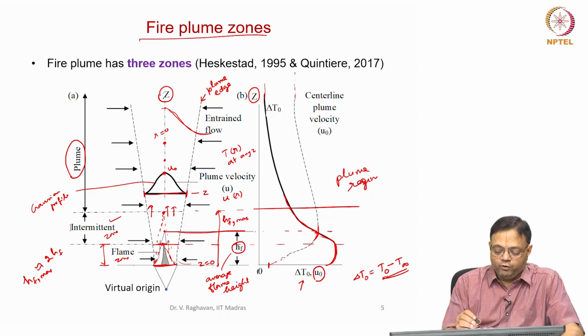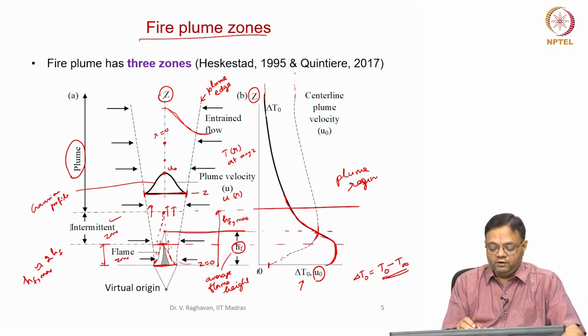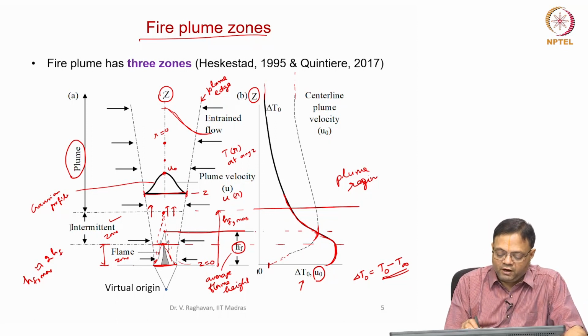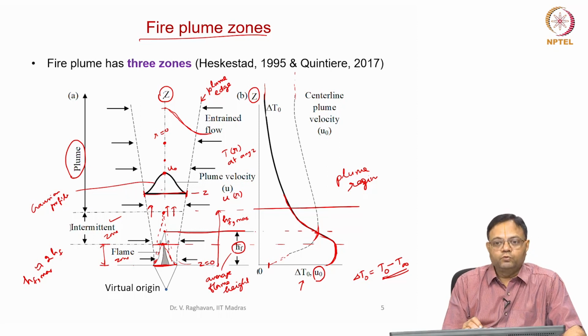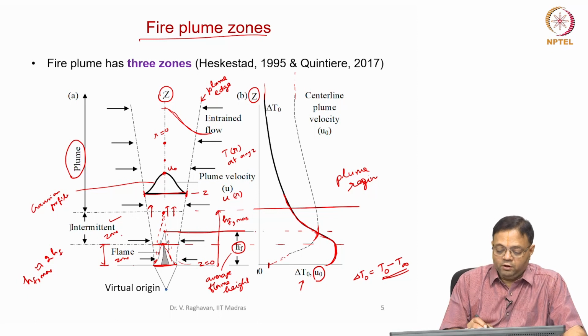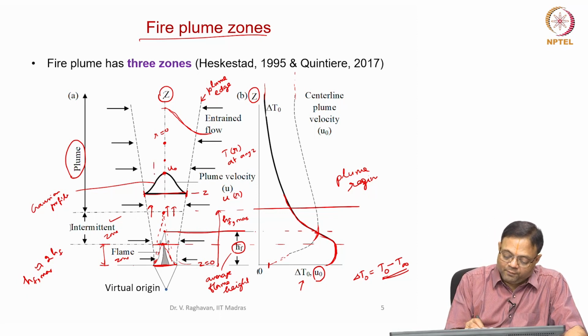Normally there are choices. I can just take the edge of the plume, the distance between these 2 points, as the diameter, where the velocity has decayed to a 0 value. Or I can take a point like this, where the velocity has decreased to 50% of the center line velocity. So, here you can say that u equals 0.5 u naught at this particular location.